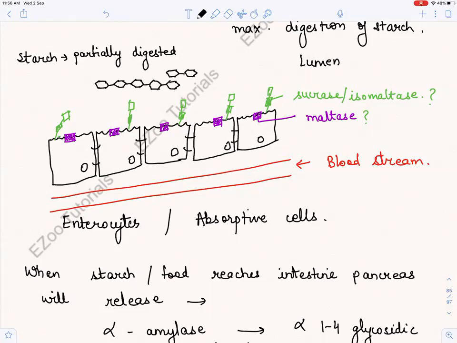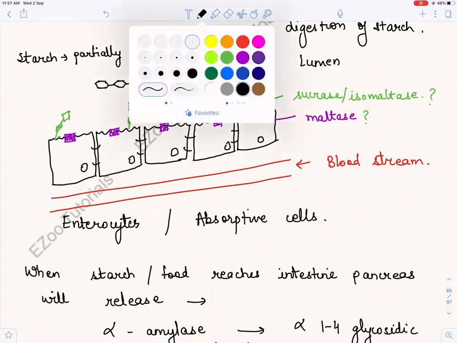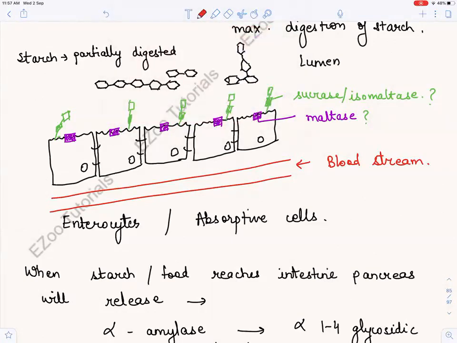Some are still big, some are branched because of the alpha 1 to 6 glycosidic bonds on which sucrase will act. These all will be broken down into small glucose molecules.